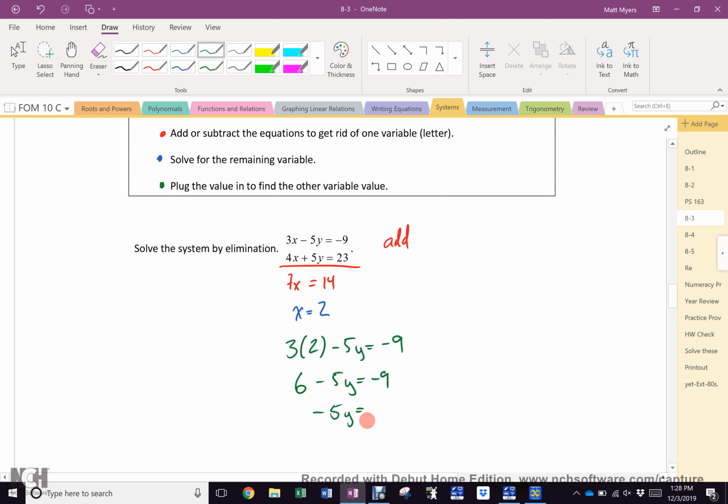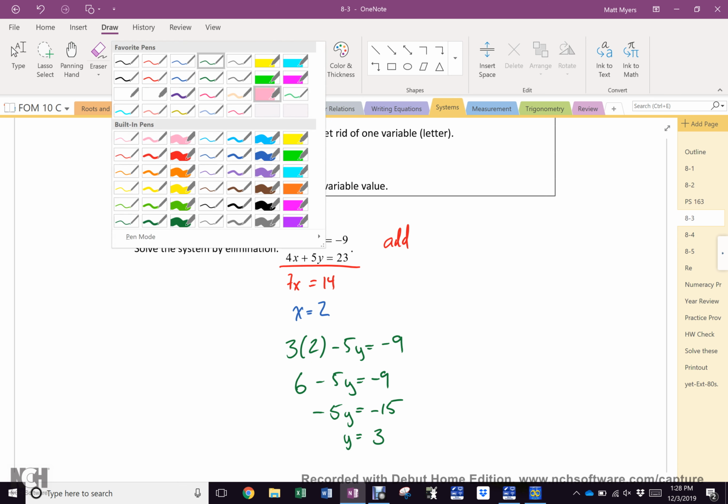He waited patiently. What kind of 15? No, negative 15. And y equals what? Because I chose to. I'm doing it on purpose, trust me. Y equals what? 3.